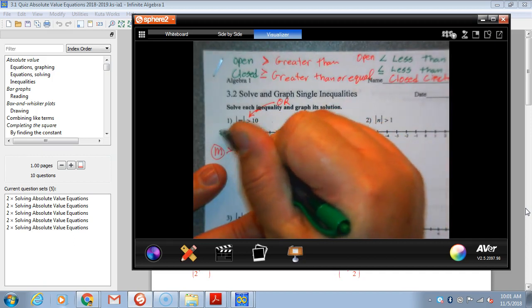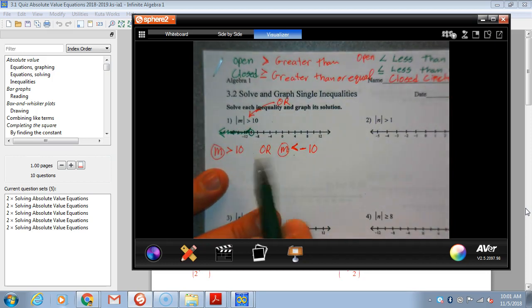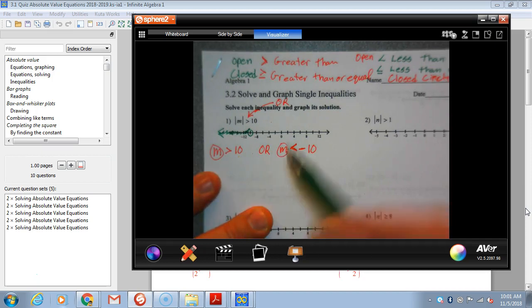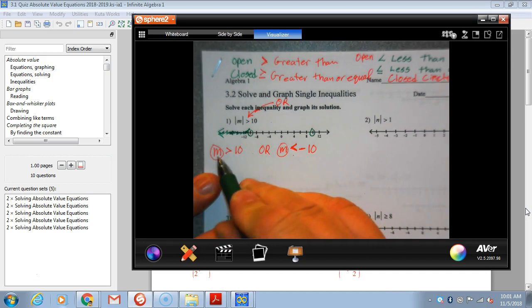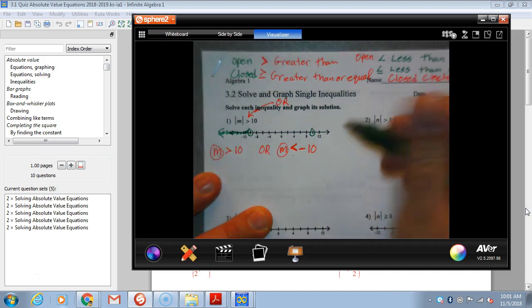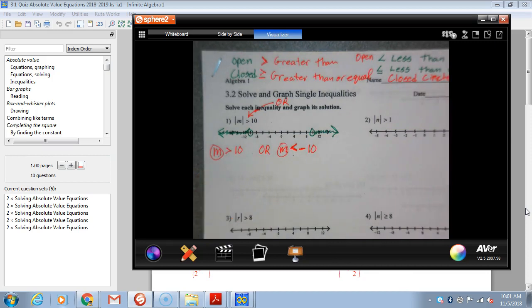What's that, Trey? Because there's no equal sign with my inequality sign. And same with greater than 10. It's an open circle at 10, and I want all of those numbers greater than 10. That would be a closed circle, yes.